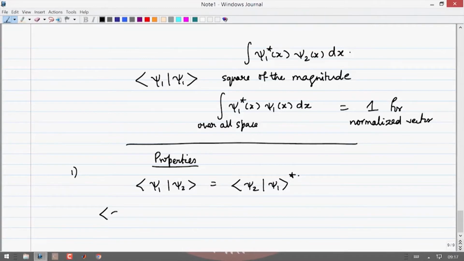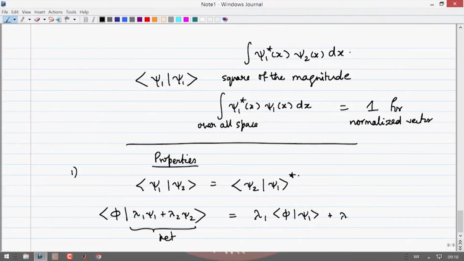Likewise, the scalar product of any linear combination lambda 1 psi 1 plus lambda 2 psi 2, if you write that, and if this is a ket vector, the linear combination leads to the scalar product lambda 1 phi psi 1 plus lambda 2 phi psi 2.